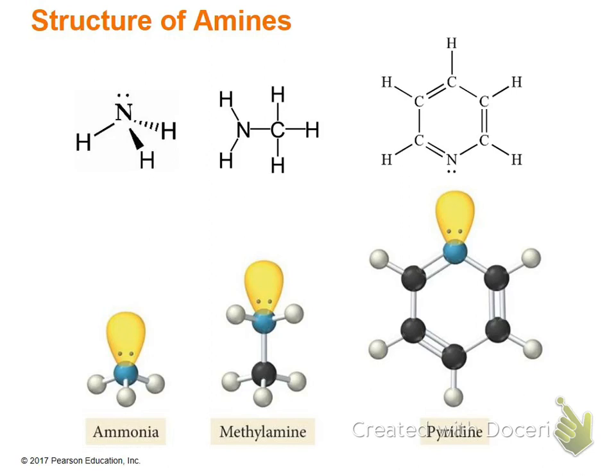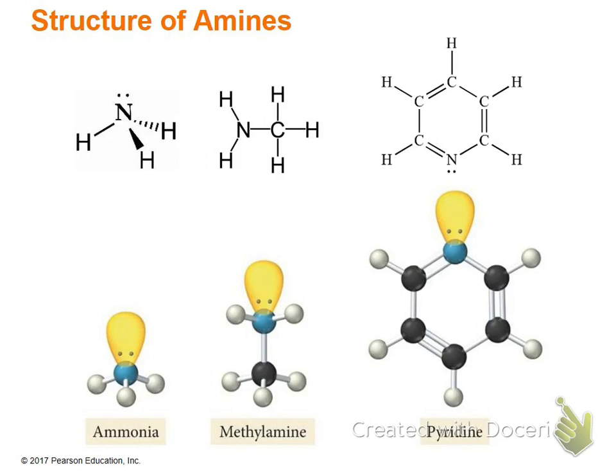So similar to the carboxylic acid group, the amines also have a signature group called the amine group. All right, so ammonia has NH3, methylamine has NH2, and pyridine has a nitrogen with a lone pair. A lot of these amines contain nitrogen, and a lot of these nitrogens have a lone pair of electrons.